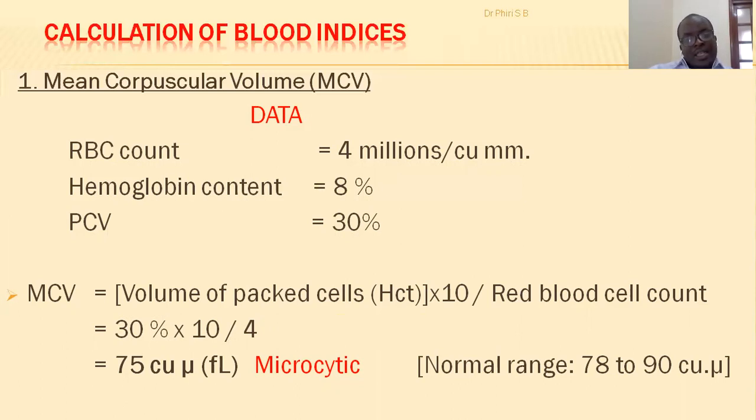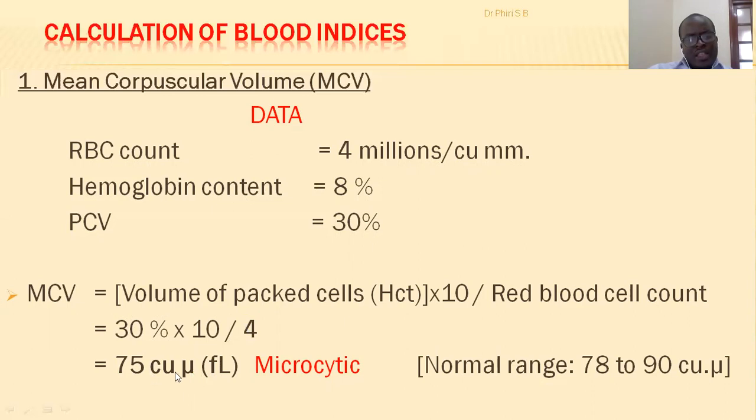With the data we've been given, the packed cell volume or hematocrit is 30% multiplied by 10, divided by your red cell count, which is 4. So it will give you a total of 75 cubic microns or femtoliters.